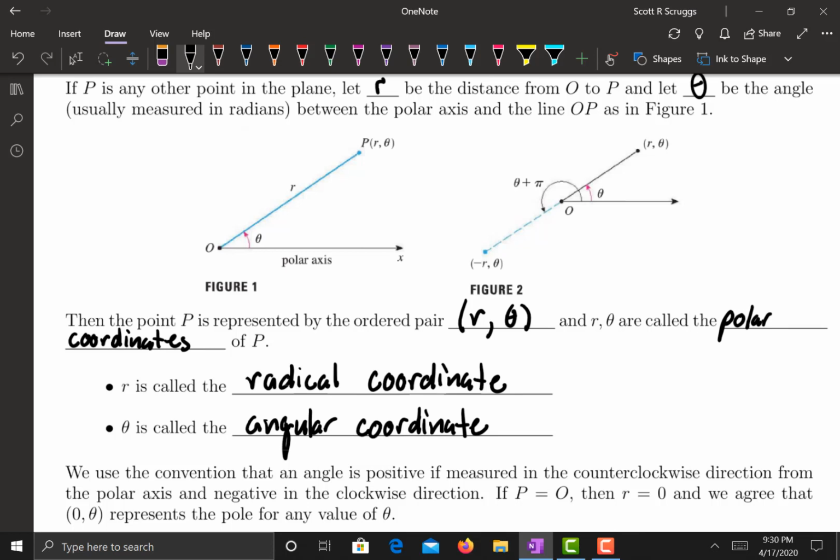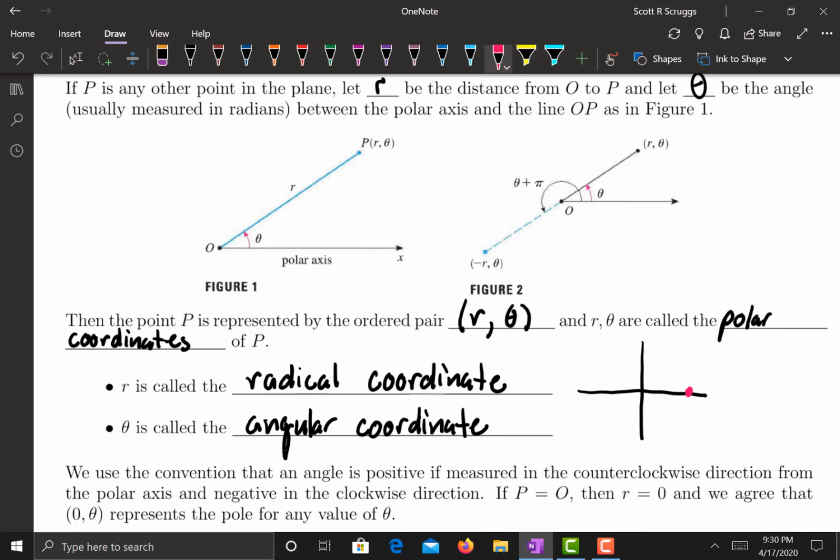All right, and so let's go ahead and start thinking about if I was plotting a polar coordinate, how would I do that? The way that I think of plotting a polar coordinate is whatever the radial coordinate is, what that is referring to is the distance from the pole. And so whatever r is, that is where I'm going to begin drawing my point.